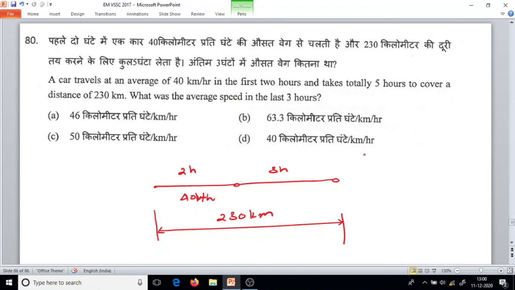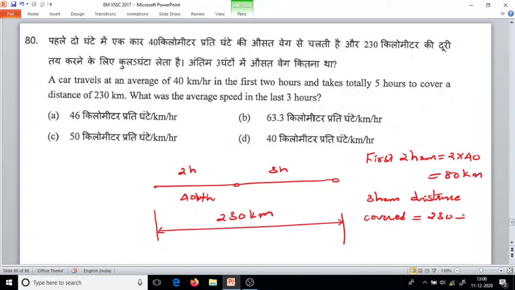How do you find it? In the first 2 hours, what is the distance covered? 2 into 40, it comes to 80 kilometer covered in the first 2 hours. Now, in the remaining 3 hours, distance covered equals total distance, that is 230, minus 80.